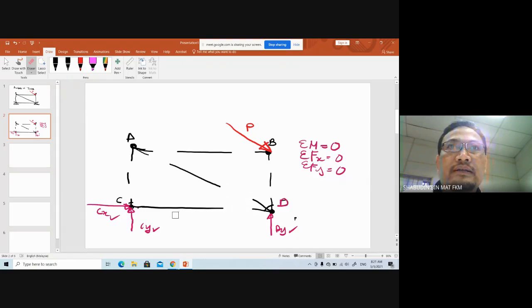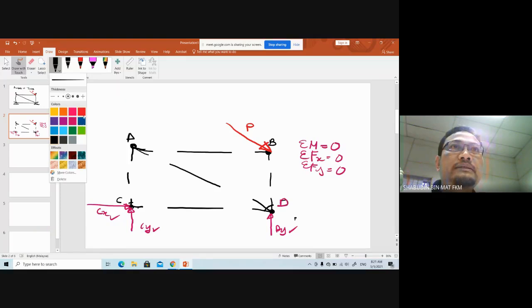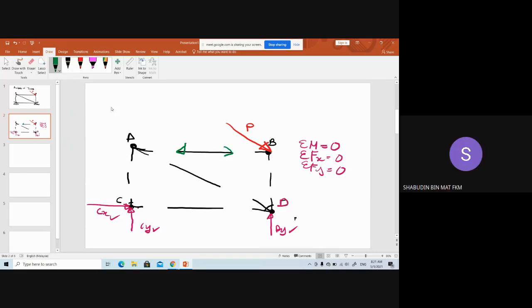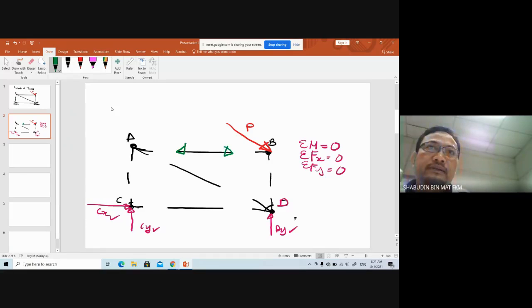All the forces are in tension. So, how to illustrate a member in tension is by pulling out. Okay, you have to pull out the members. So, put it in a different color. So we assume T AB here, tension.